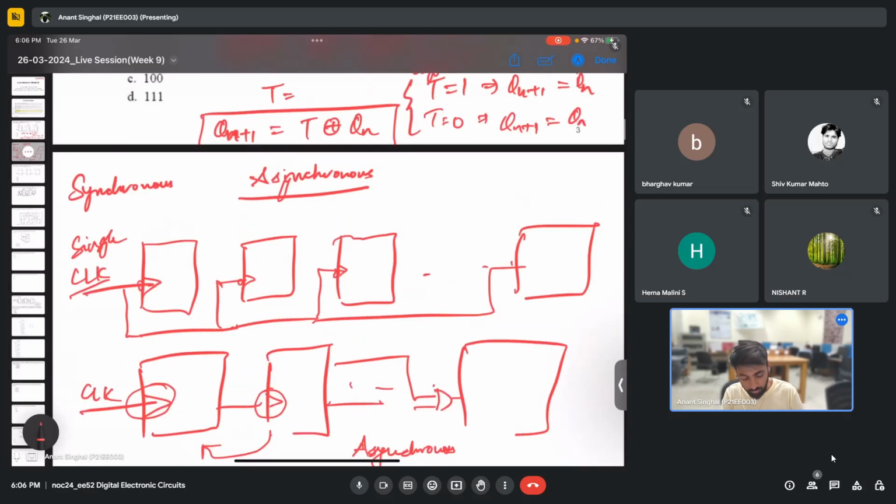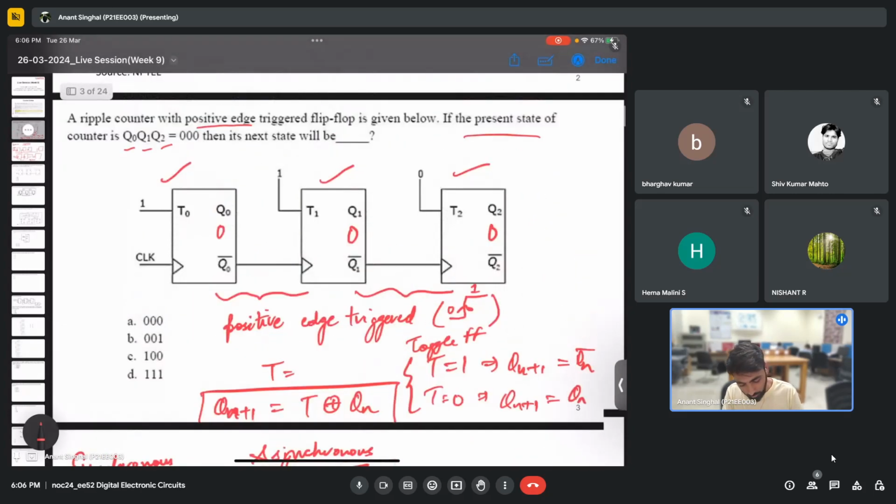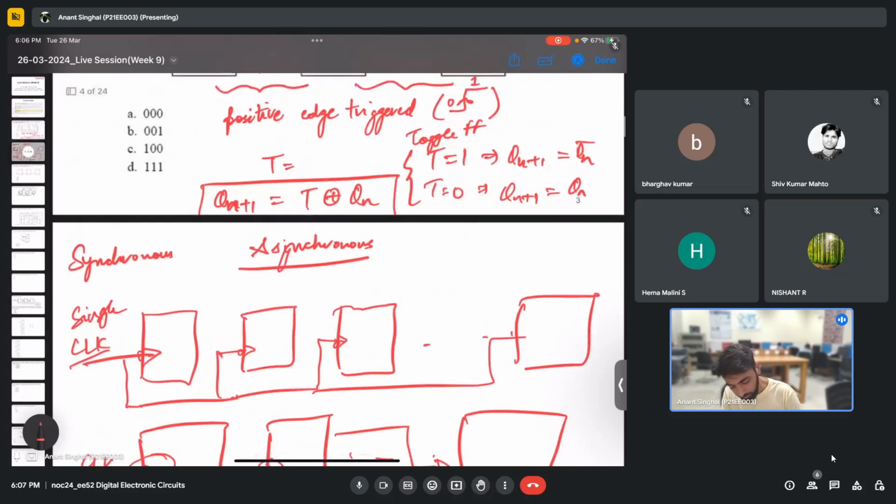So that was just a brief on the difference between this lecture and the previous lecture. You can clearly see here the clock is applied only when this signal has been given as an output. So it is now saying that initially, I am repeating again, all of them q0, q1, q2 are 0. So let's write here.